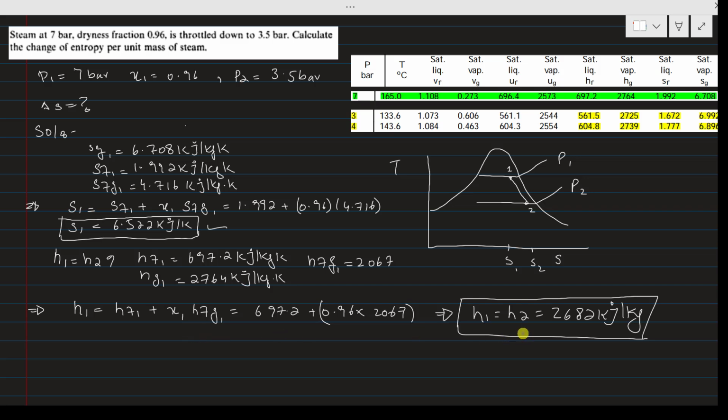Now this enthalpy at the H2 state has been determined, and the pressure at P2 is 3.5 bar.